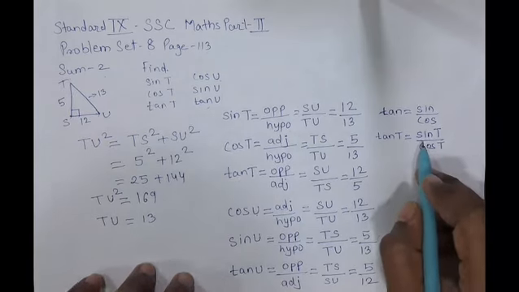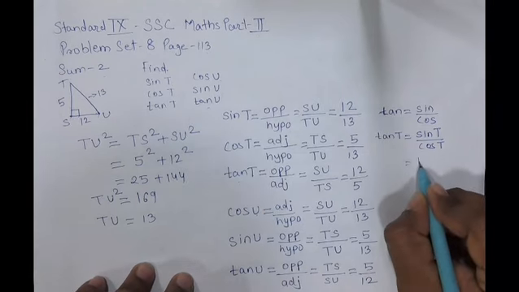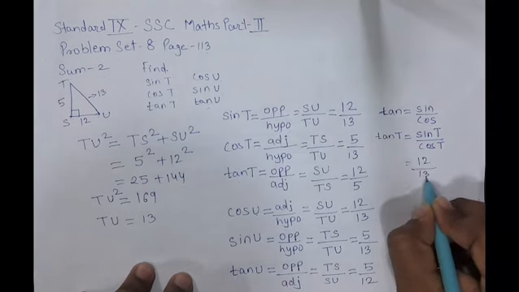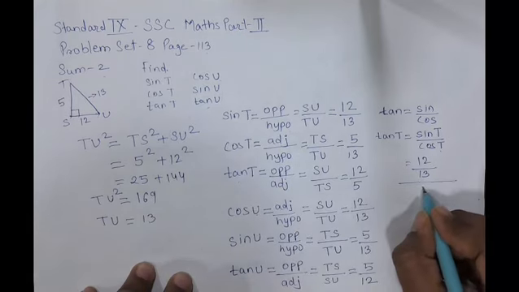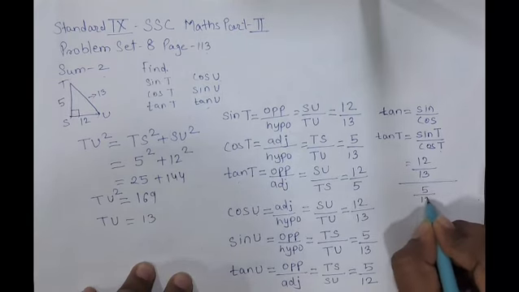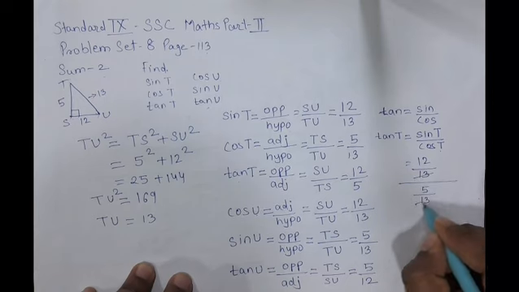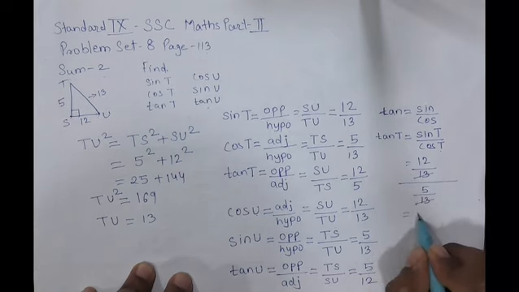The value of sin t is 12 upon 13, divided by cos t, whose value is 5 upon 13. The 13s will get cancelled and you will be left with 12 upon 5.